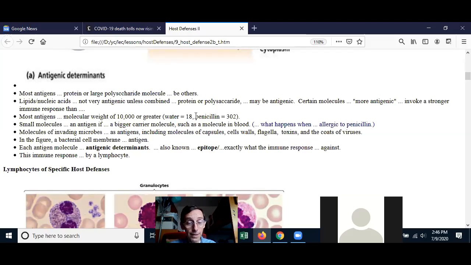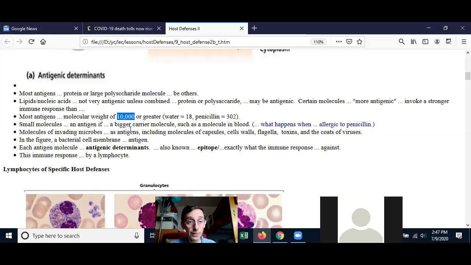And penicillin G, a molecule we talked about a lot earlier, which we consider a large molecule, has a molecular weight of only 302. So what we consider a large molecule is not large by what the host immune system considers your average antigen. It would be a very large protein, which most proteins are, by the way, or a very large polysaccharide.